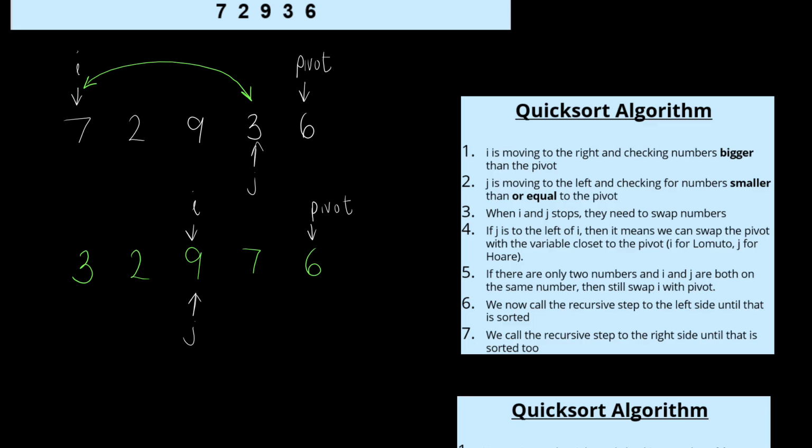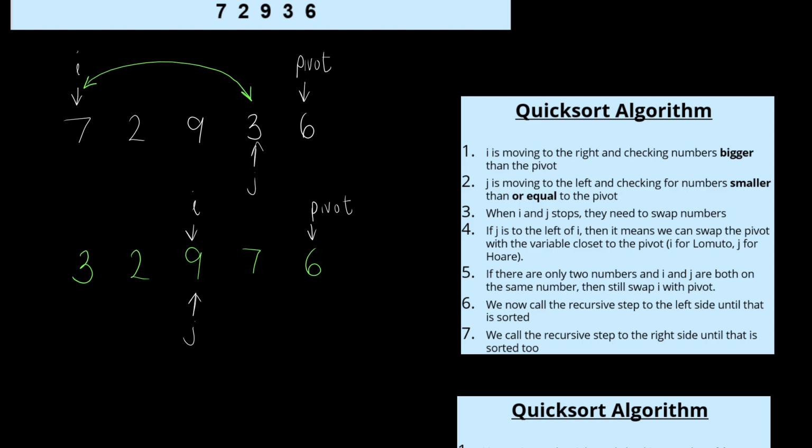J is moving to the left and is looking for numbers smaller or equal to the pivot. So we know if we move to the left, 9 is not smaller than the pivot.